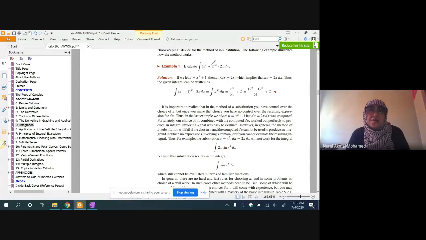So we are interested to define this function, which is x squared plus 1, to a new function. So let's say you want to define this as u. So u is equal to x squared plus 1.